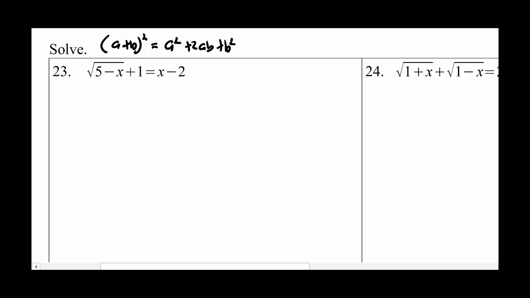Okay, so number 23, I want to isolate out the radical first. So I want to subtract 1, which gives me the square root of 5 minus x equals x minus 3. And then I want to square both sides. So on the left, I get 5 minus x. And then this is where that factoring pattern is going to kick in for us.